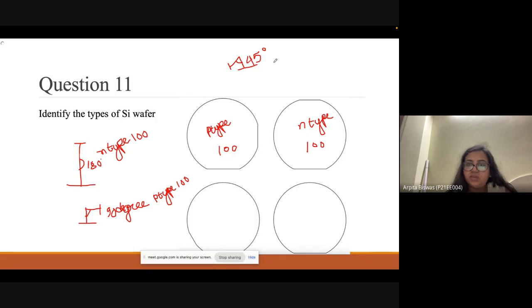It is called N type 111 plane. This is the explanation of why it is called 111 or 100, N type or P type. It's called N type 111.